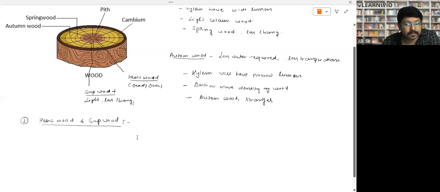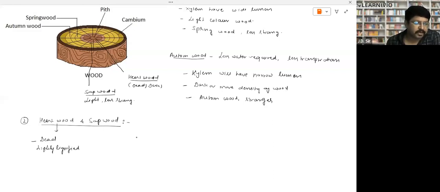The region which comprises of dead and highly lignified tissue is called hardwood.